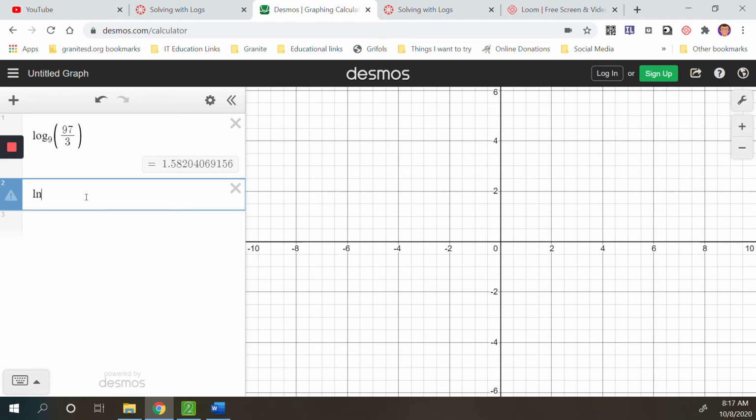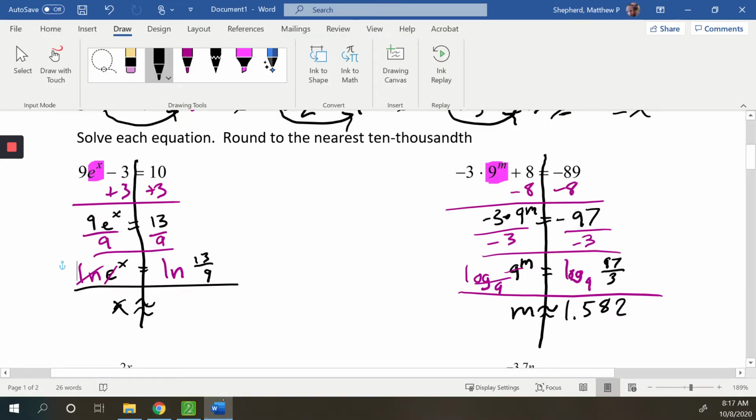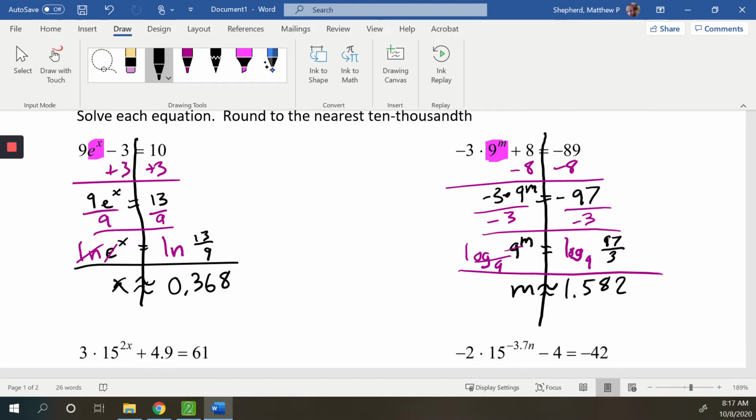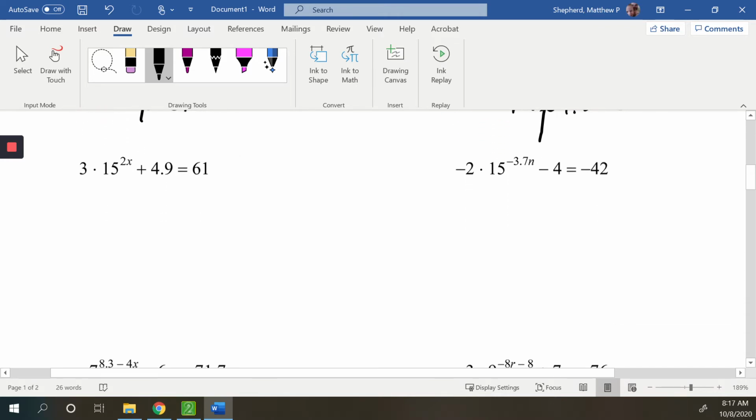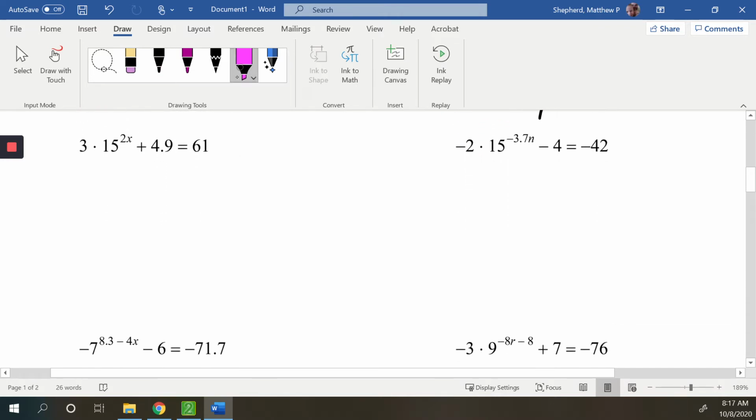So the ln, natural log of 13/9. So approximately 0.368. Okay, and there we go. And that's how natural log is going to be used.